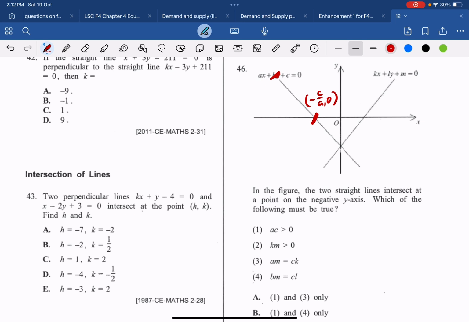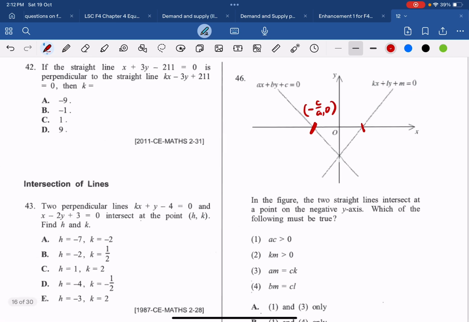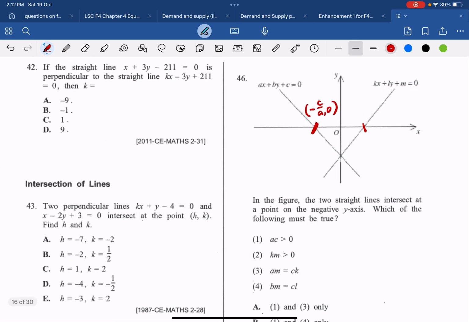And then let's take a look at this one. The x-intercept means y is 0. So this one is negative m over k and 0.